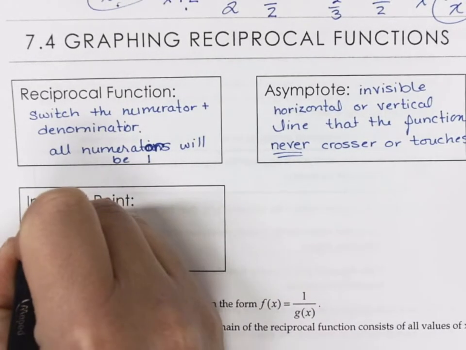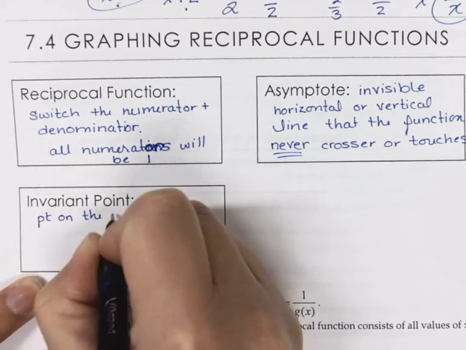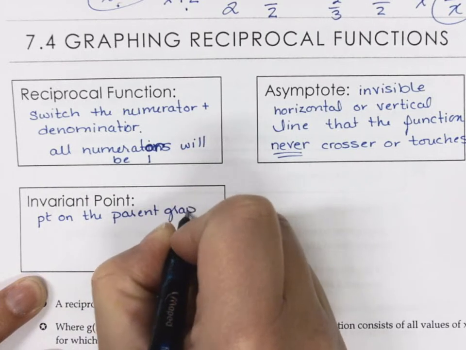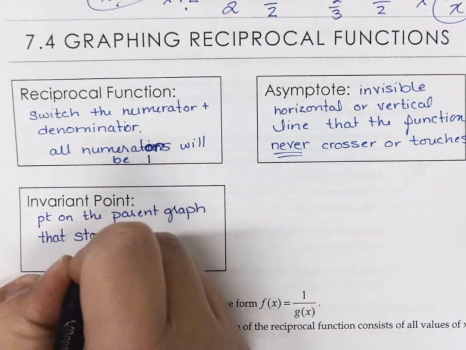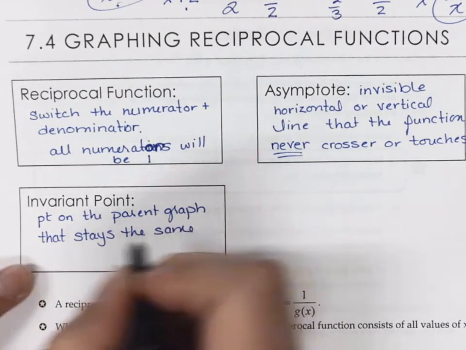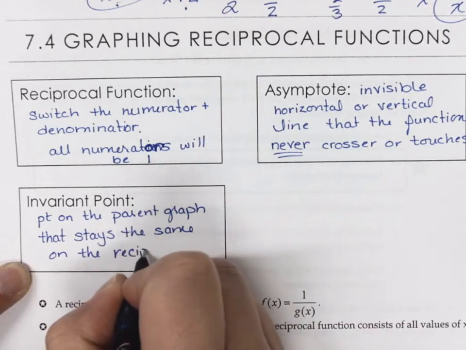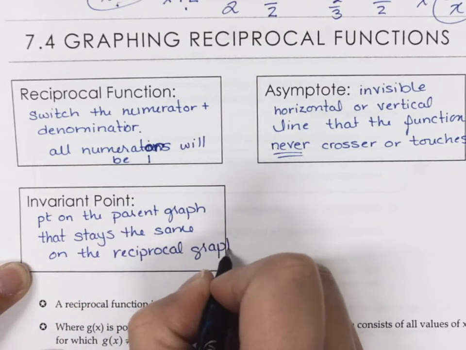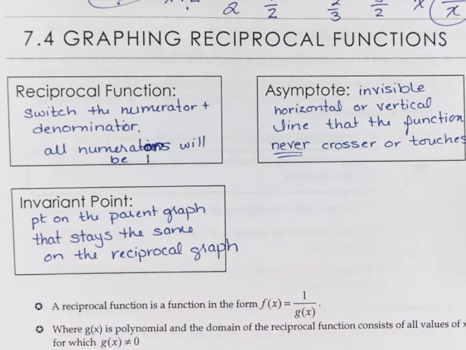Invariant point: a point on the parent graph that stays the same on the reciprocal graph.